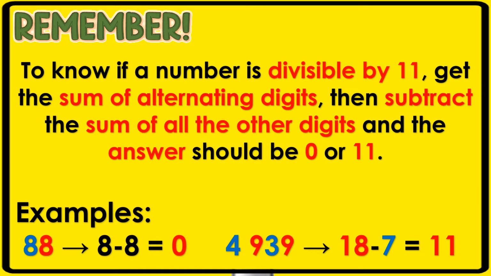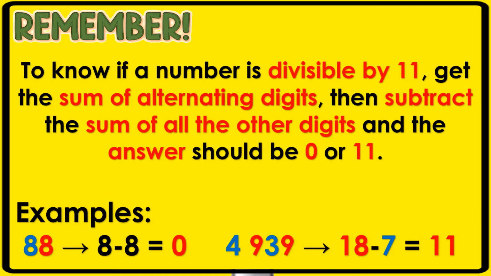Remember, to know if a number is divisible by 11, get the sum of alternating digits, then subtract the sum of all the other digits. And the answer should be 0 or 11. Examples: 88.